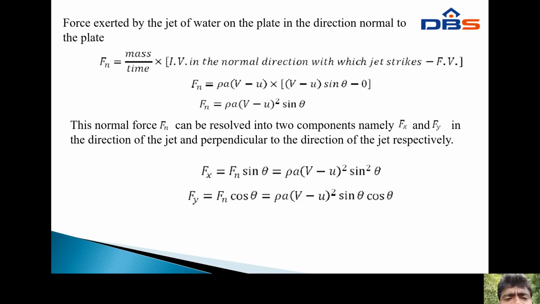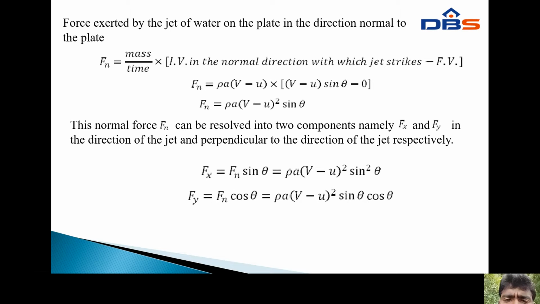F_n equals rho a (v minus u) into (v minus u) sin theta minus 0. Therefore, F_n equals rho a (v minus u) whole square sin theta.